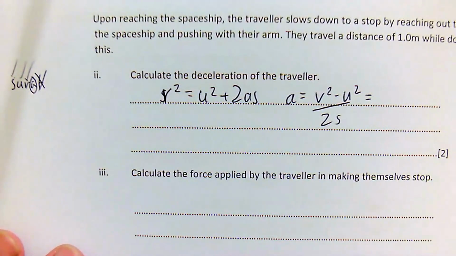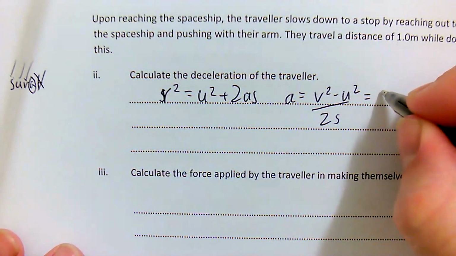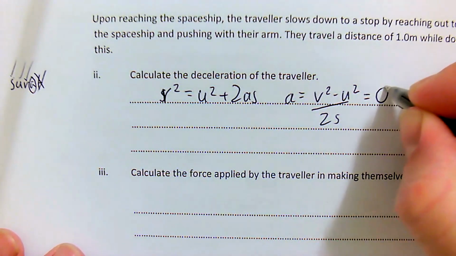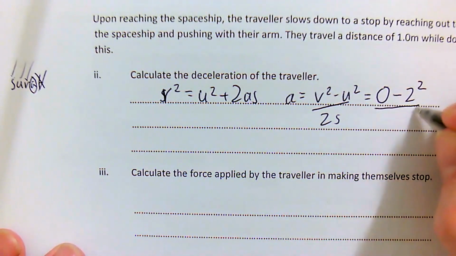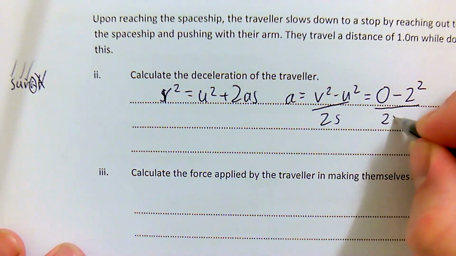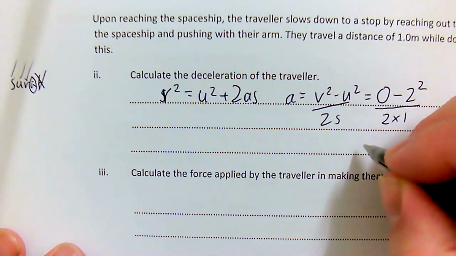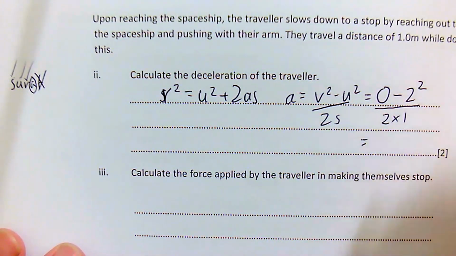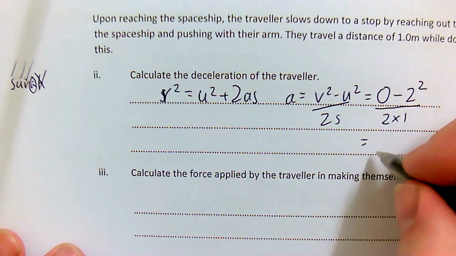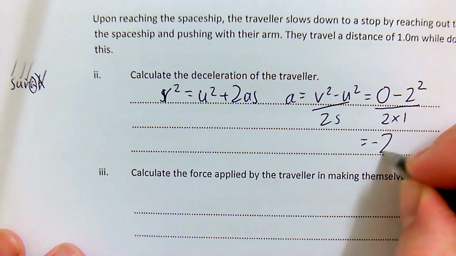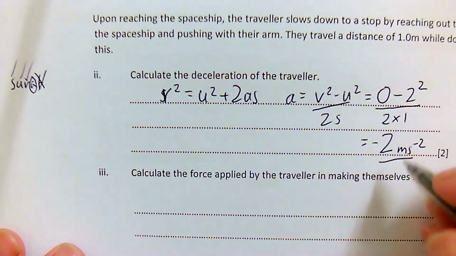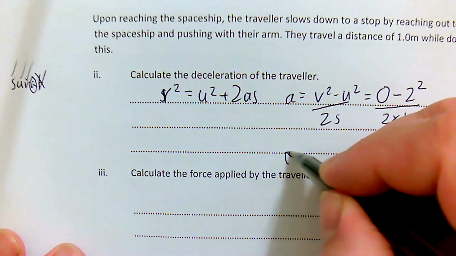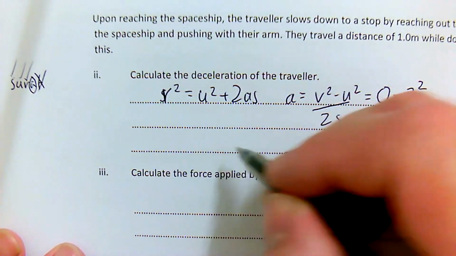Substituting our numbers, well, the velocity was 2 meters per second. They're going to end up at 0 because it comes to rest, minus 2 squared, over 2 times 1, which comes out to be minus 2 meters per second squared.